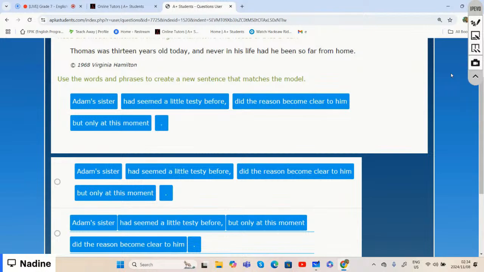So we can then say, "Thomas's sister seemed a little tasty before, but only at the moment did the reason become clear to him."